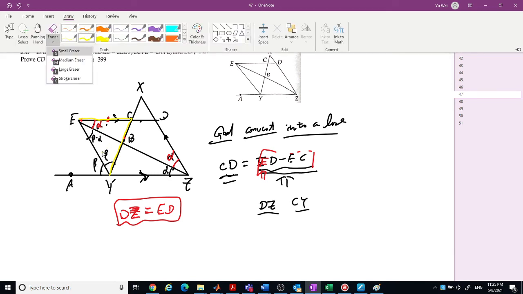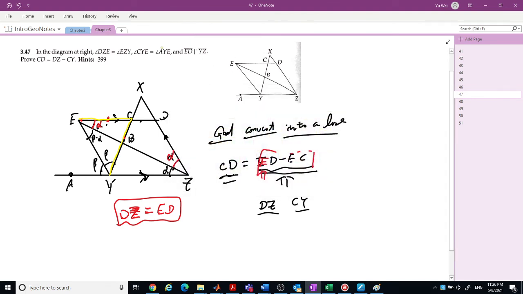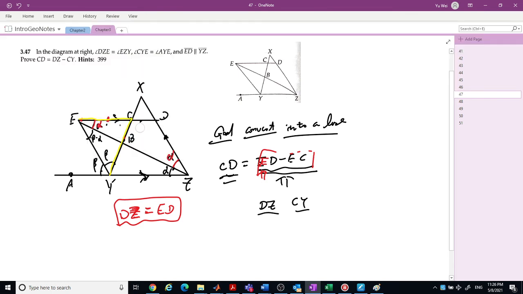Yes, of course, after our parameterization, we see it's already isosceles, because here is the angle beta and here is the angle beta. So we have CE equals CY. So DZ equals ED, CE equals CY, and of course CD equals DZ minus CY. Okay, next.